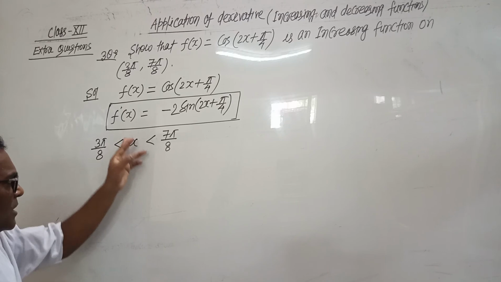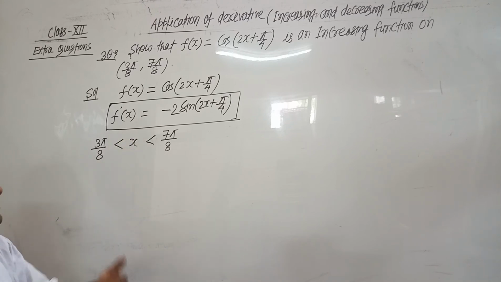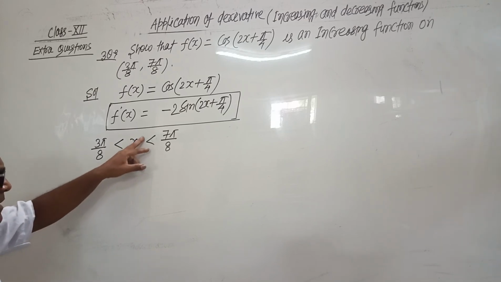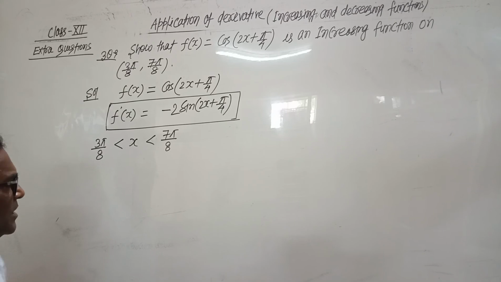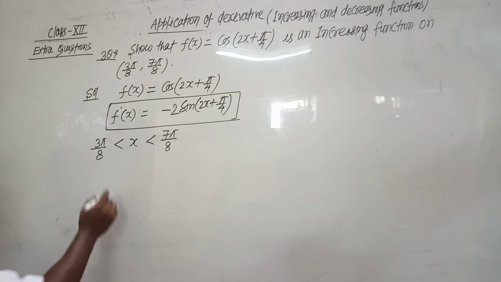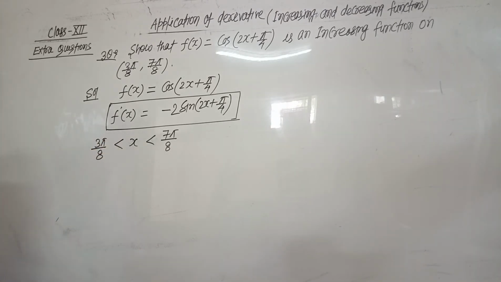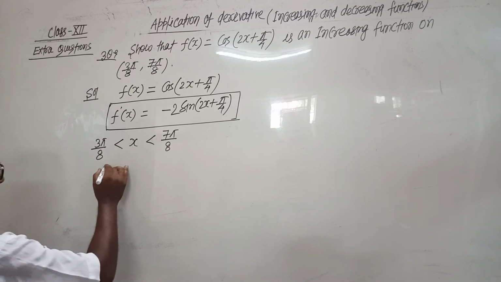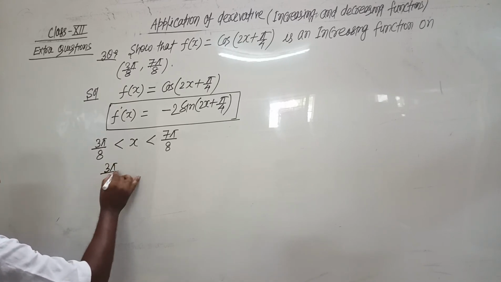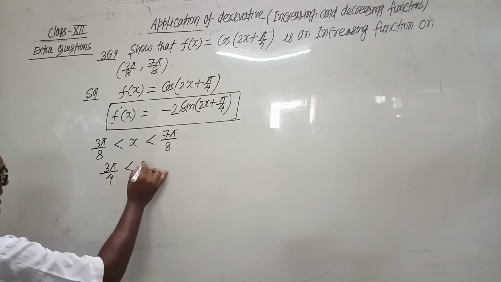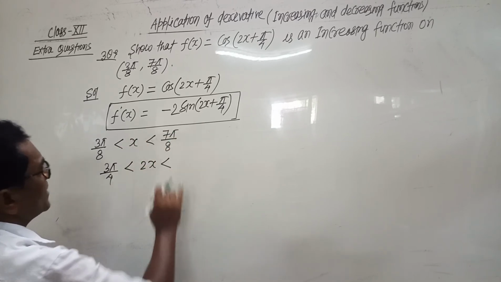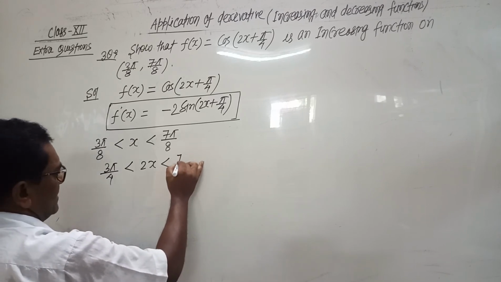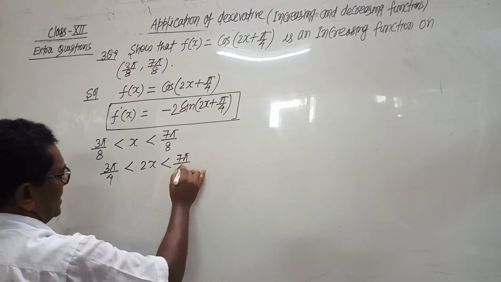So firstly convert x in terms of 2x: multiply each term by 2. 2 multiplied by 3 pi by 8 gives 3 pi by 4 is less than 2x, and 2 multiplied by 7 pi by 8 gives 7 pi by 4.